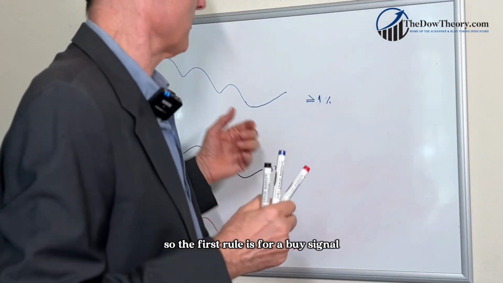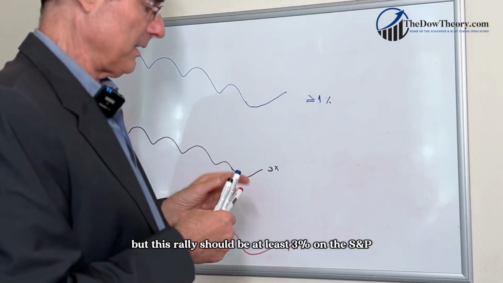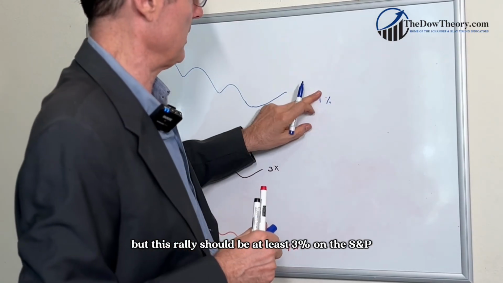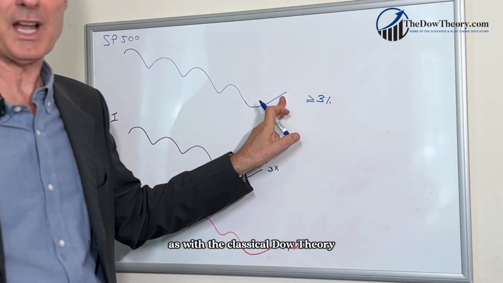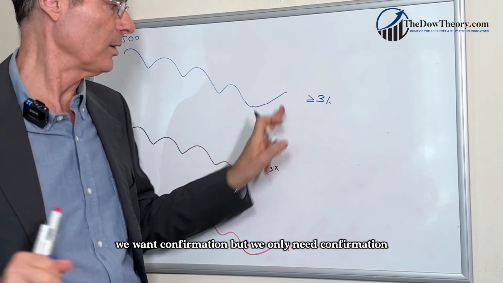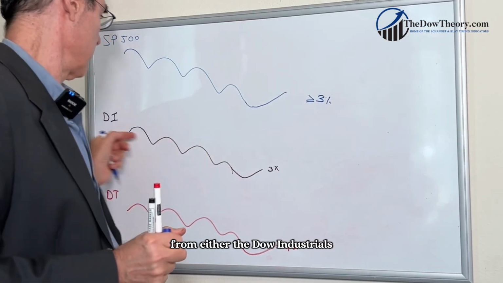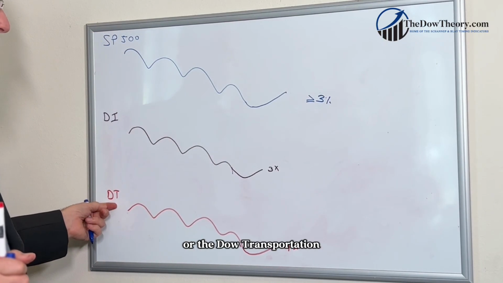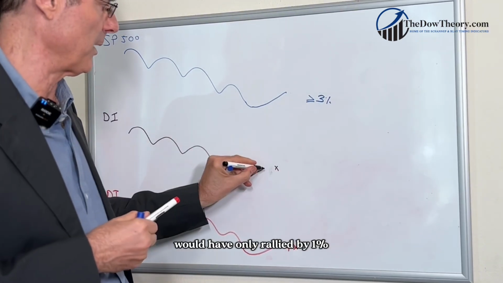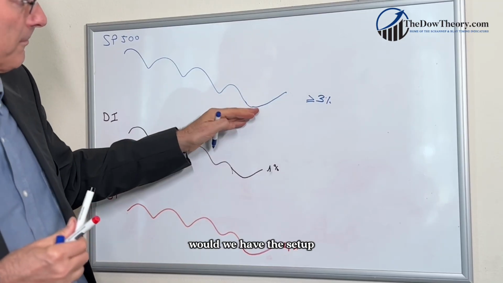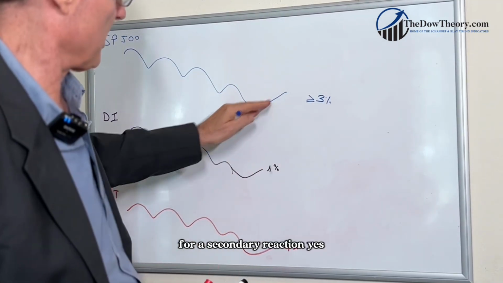So the first rule for a buy signal in a bear market, this is clear, is that the rally should be at least 3% on the S&P, and then of course, as with the classical Dow theory, we want confirmation, but we only need confirmation from either the Dow Industrials or the Dow Transportation. Let's imagine that the Dow Industrials would have only rallied by 1%. Would we have the setup, as far as the extent requirement is concerned, for a secondary reaction?